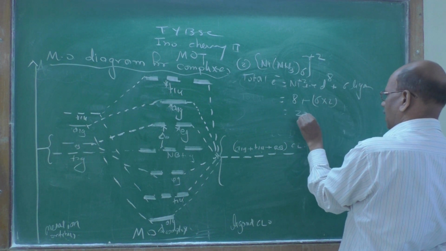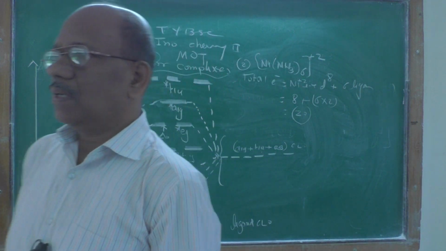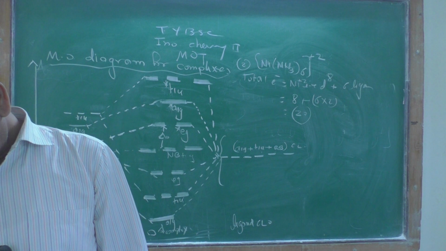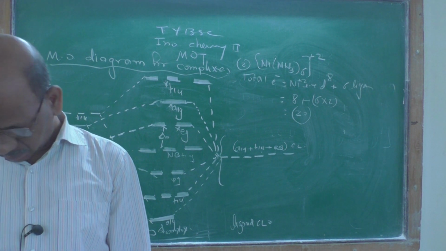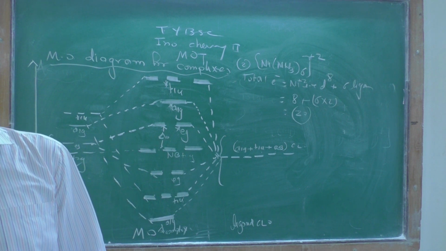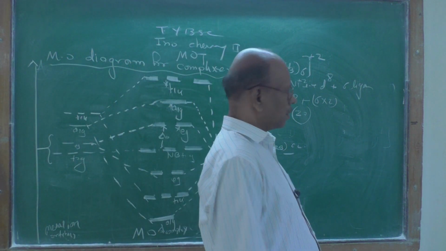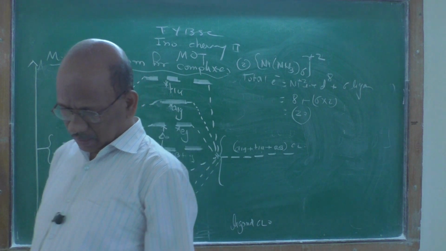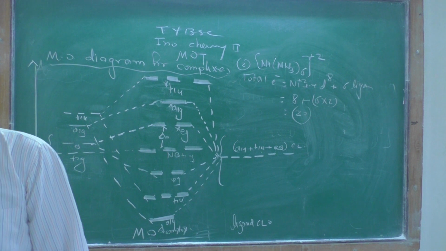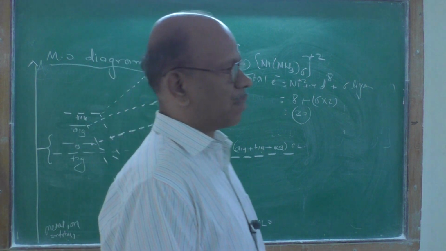So it becomes exactly 20, meaning 20 electrons are there in the nickel complex. I have to fill these 20 electrons: 8 from nickel 2+ and 12 from 6 ligands.